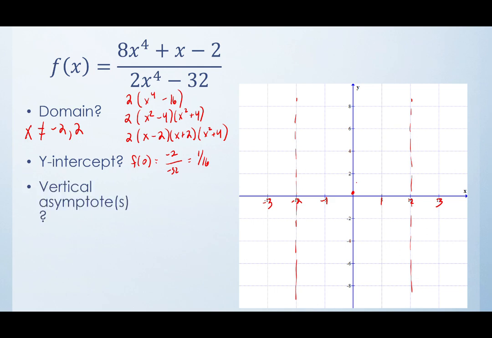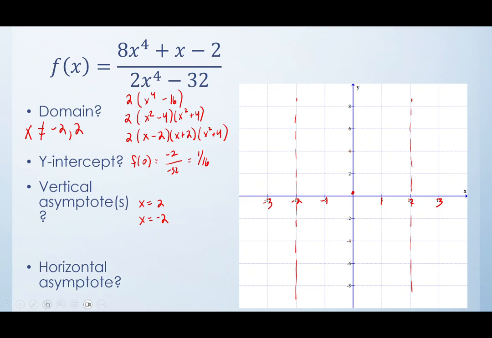Do we have vertical asymptotes? Yes, we have x equals 2 and x equals negative 2. And, excuse me, we also know that we have a horizontal asymptote here, right?